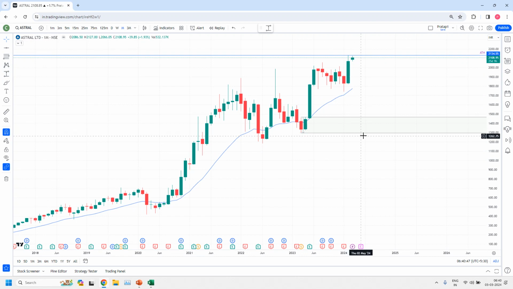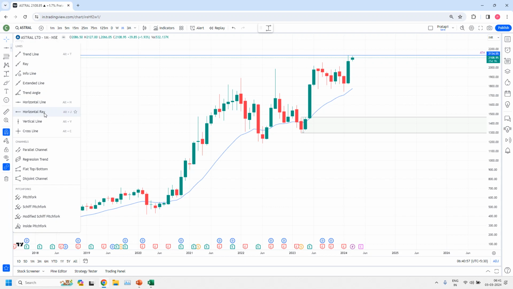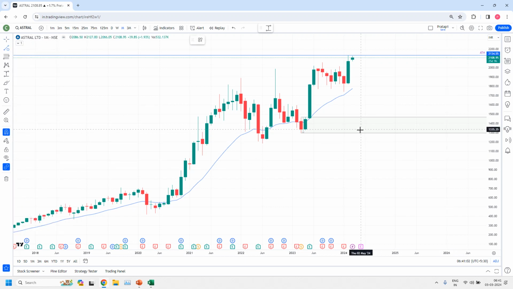From the distal line to this all-time high, we divide into two equal parts, instead of three equal parts. So let us draw this info line from the distal line till the all-time high.